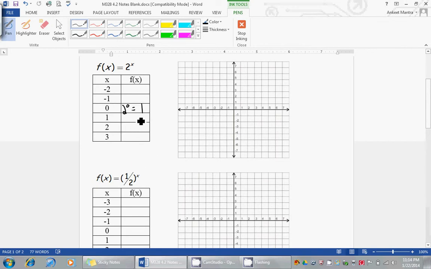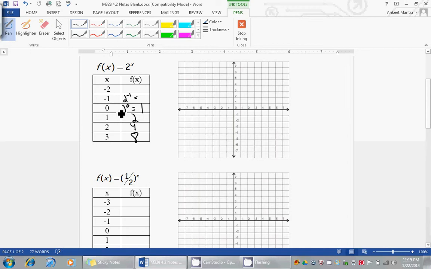f of 1, 2 to the first power, is 2. f of 2, 2 squared, is 4. f of 3, 2 to the third power, is 8. The positive numbers and 0 aren't too difficult. Now let's look at the negatives. f of negative 1 is 2 to the negative first power.